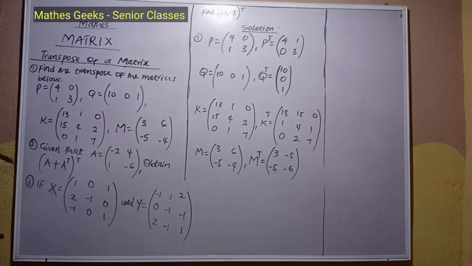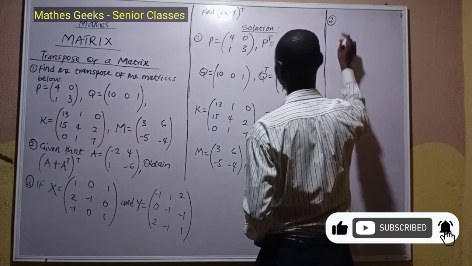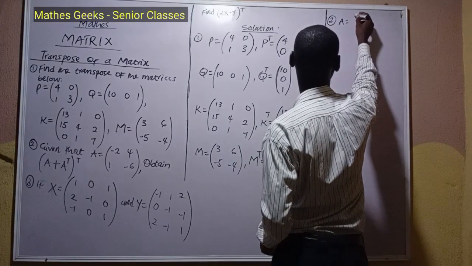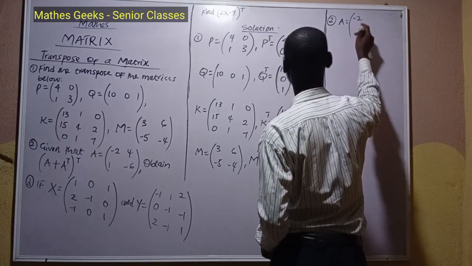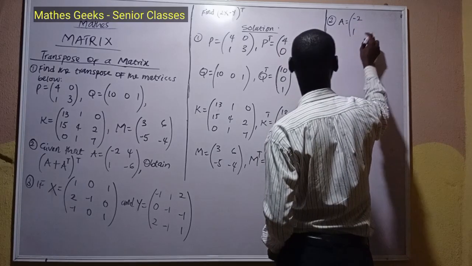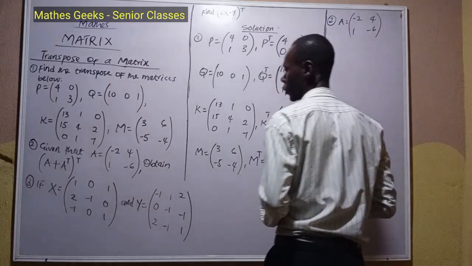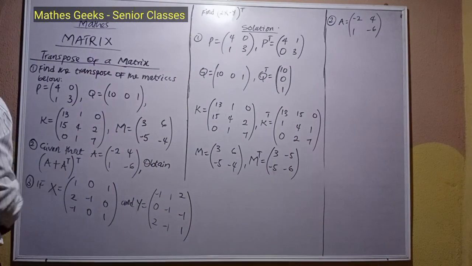Number two, given that E is equal to -2, 1, 4, -6. We are to obtain E plus A transpose.